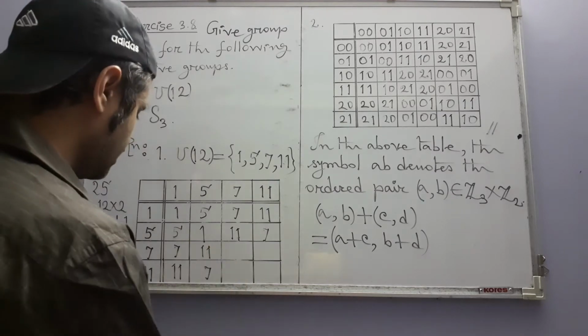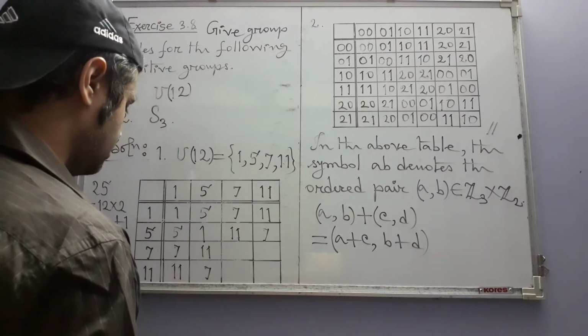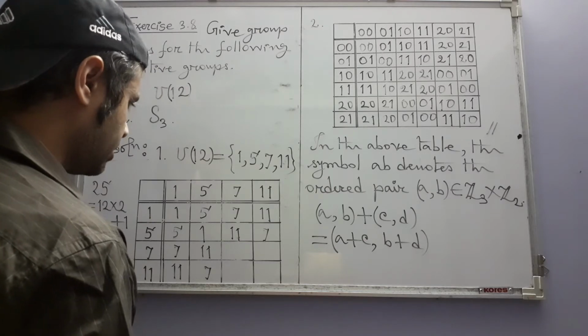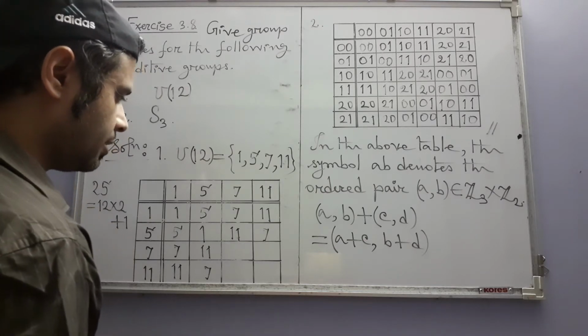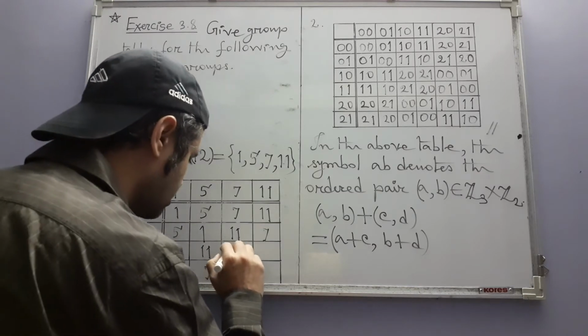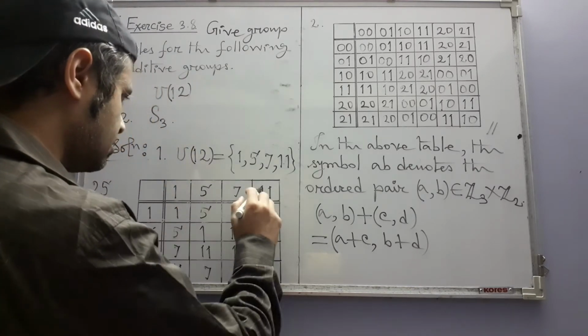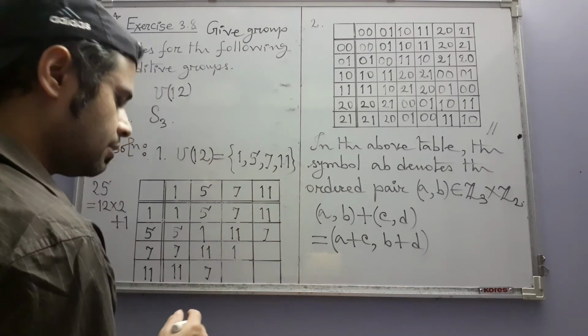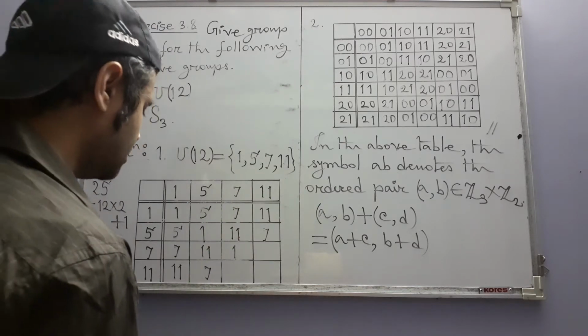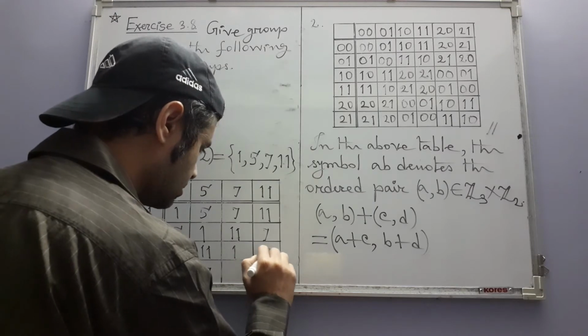7 times 7 is 49. Okay, 4 times 12 is 48, plus 1 is 49, so this is 1. 7 times 11 is 77, which you divide by 12, you will see that the remainder is 5.